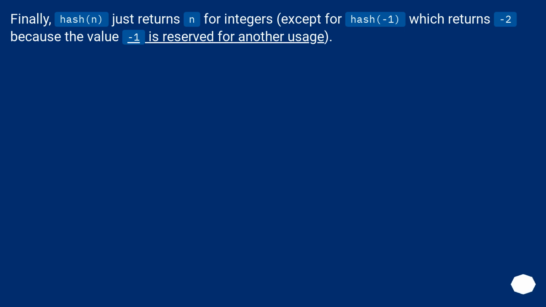Finally, hash n just returns n for integers, except for hash -1, which returns -2 because the value -1 is reserved for another usage.